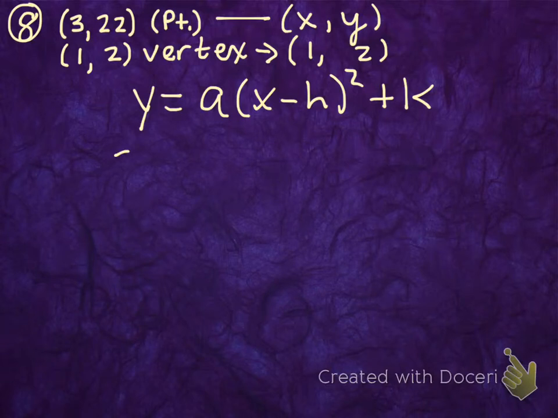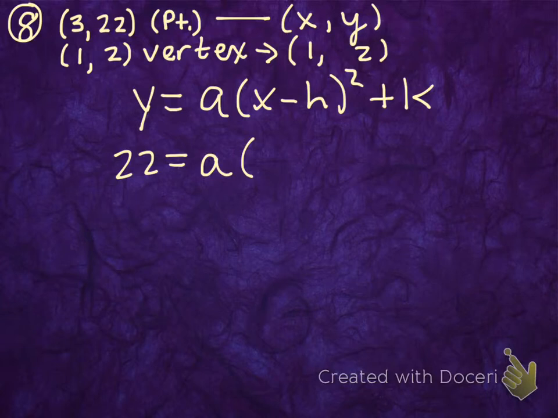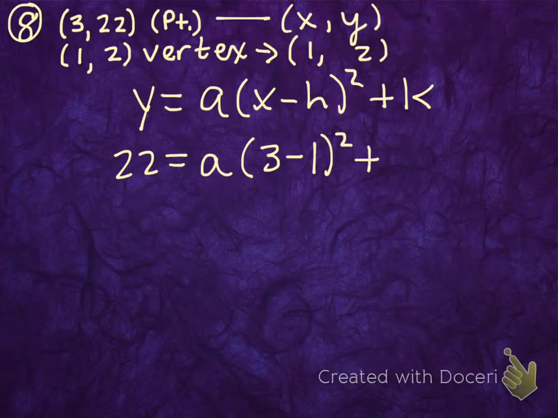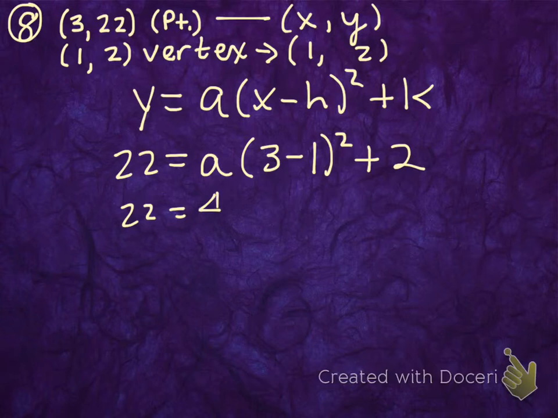So 22 replaces y. We don't know a. That's the only thing we don't know, so we're going to solve for that in this process. x is 3, h is 1, k is 2. And then we solve. So we've got 22 equals, and 3 minus 1 is 2, squared is 4, so that's 4a plus 2.